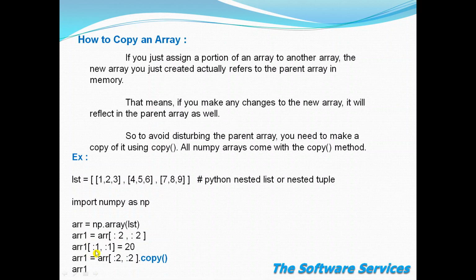Then in this array 1, we assigned 20 to the element which was indexed. Let's move to the Jupyter notebook, because all these words may not be understood. If I execute it in the Jupyter notebook, then you can see it.